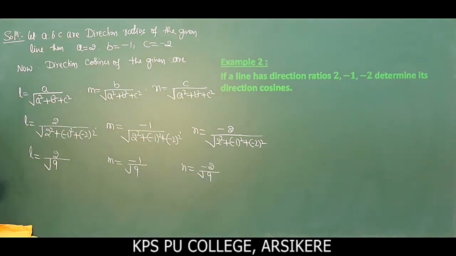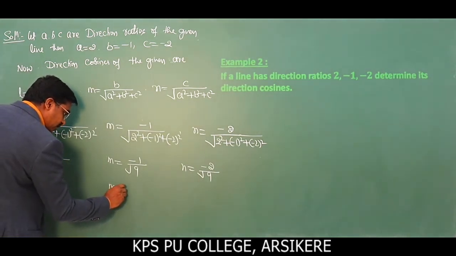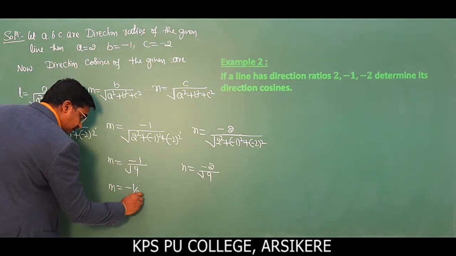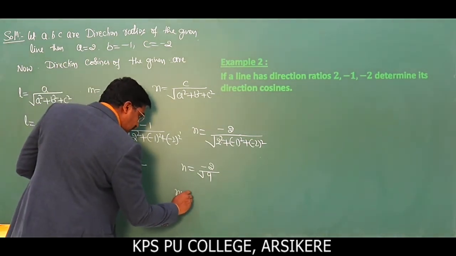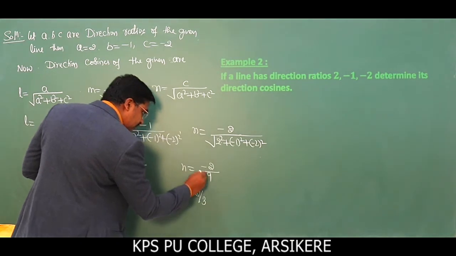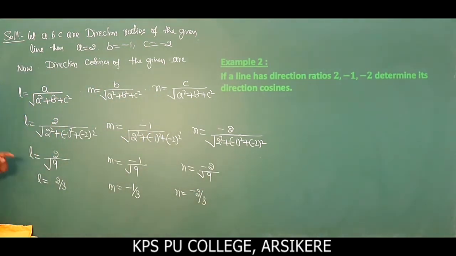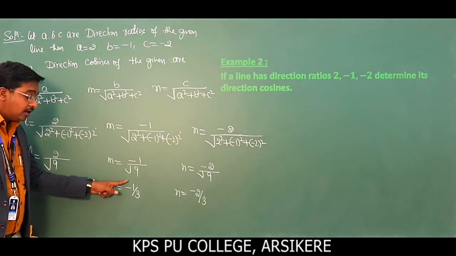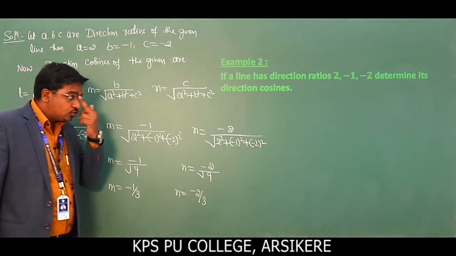What is the root 9 value? That is 3. Therefore L is equal to 2 divided by 3, M is equal to -1 divided by 3, and N is equal to -2 divided by 3. Therefore the required direction cosines are 2 divided by 3, -1 by 3 and -2 divided by 3.